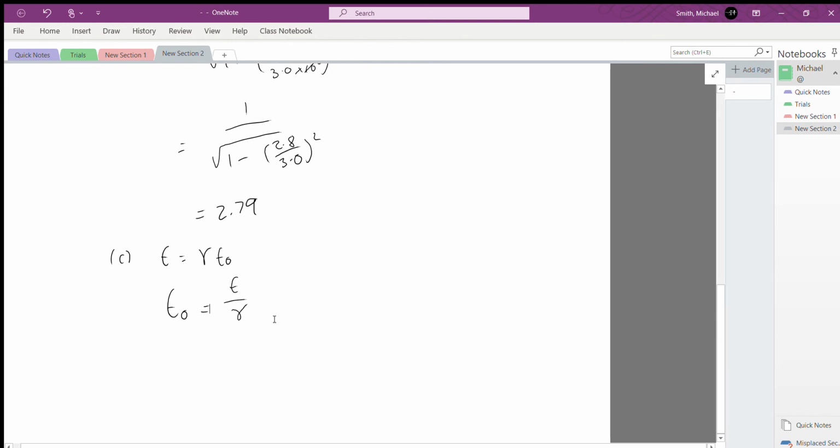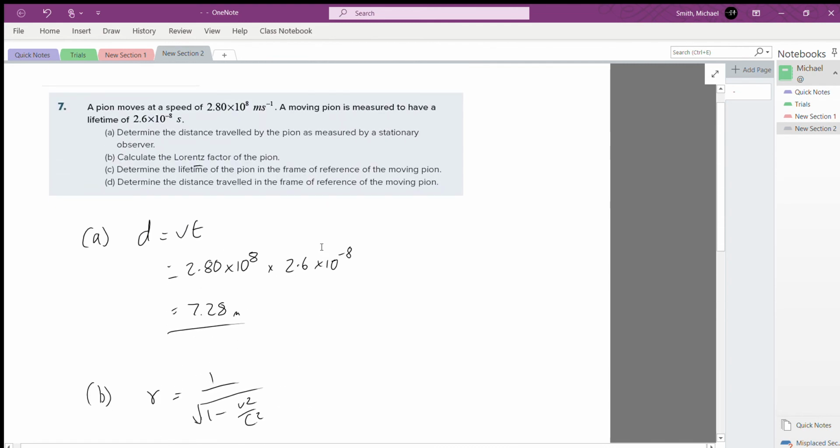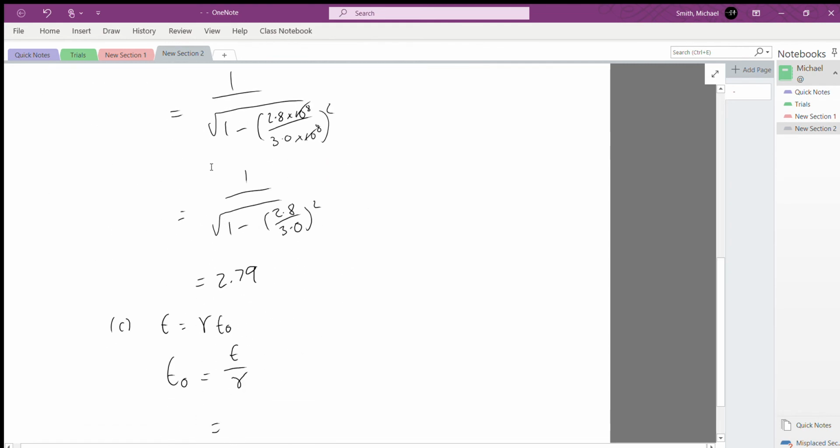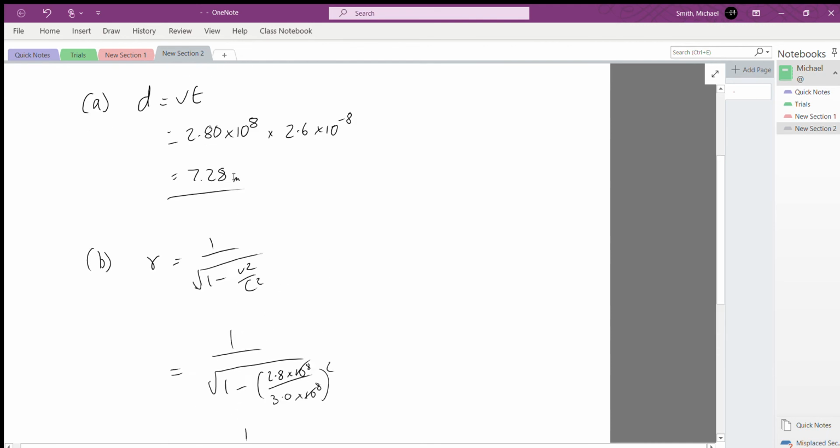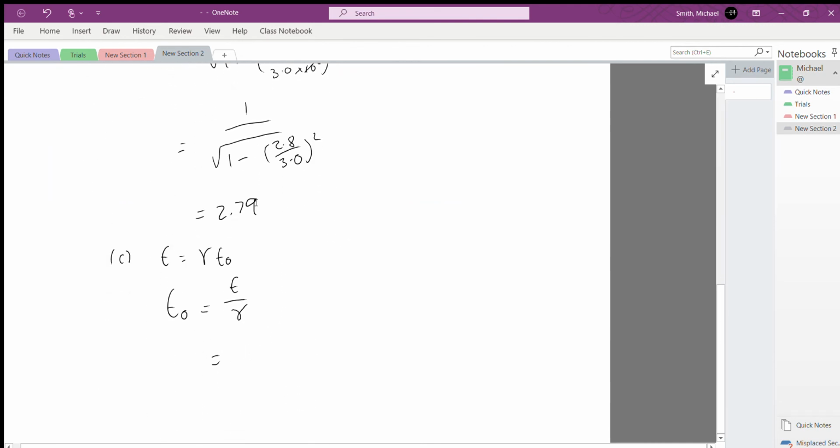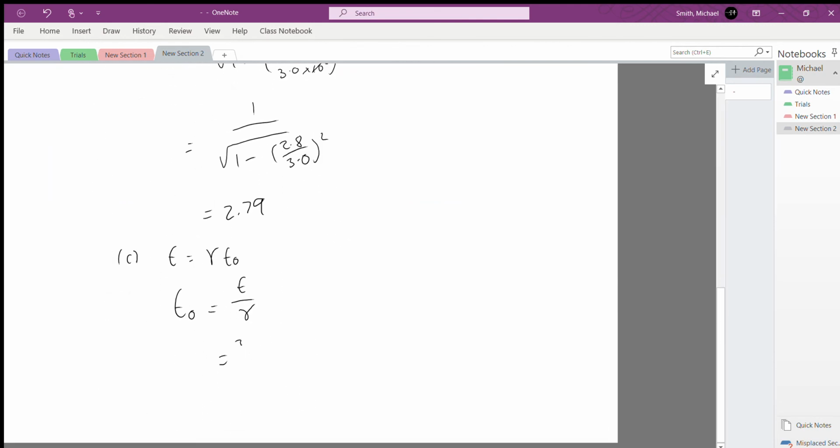And now it's just a matter of substituting in the values that we have. So from the question before, we have the time t is 2.6 times 10 to the power of minus 8. And we've just calculated the Lorentz factor as, it's a bit messy, 2.79.